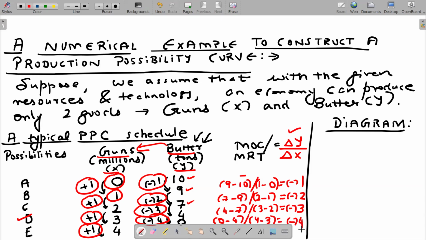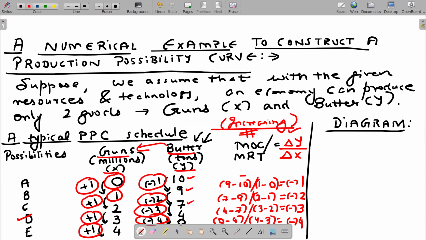Every time, students can see that the marginal opportunity cost is increasing. The MOC or MRT is increasing. That means the opportunity cost is rising. When I'm moving the resources from butter to guns, I have to sacrifice more and more butter every time for every additional million guns I want to produce.